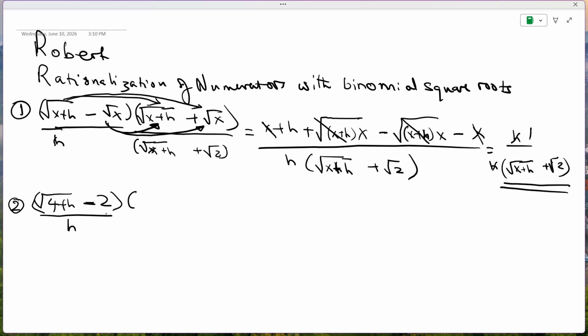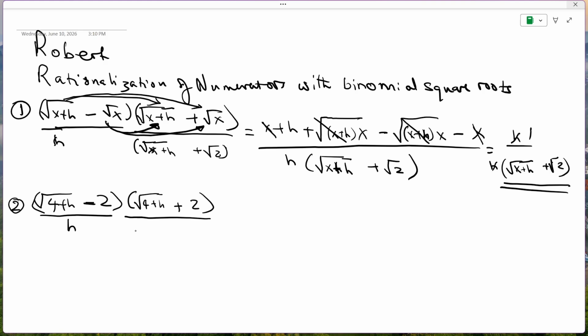So we multiply our initial expression by root 4 plus h plus 2. And what we do to one part of a fraction, we must do the same thing to the other part.